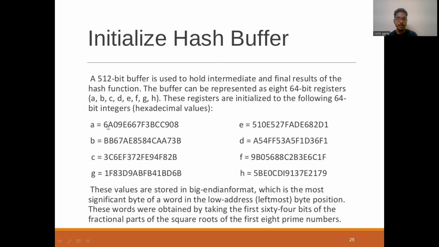For A, it is 6A09E667F3BCC908, and for the others, you can see the corresponding 64-bit integers. These values are stored in big endian format, which means the most significant byte of a word is in the low address, the leftmost byte position. These words were obtained by taking the first 64 bits of the fractional parts of the square roots of the first 8 prime numbers.